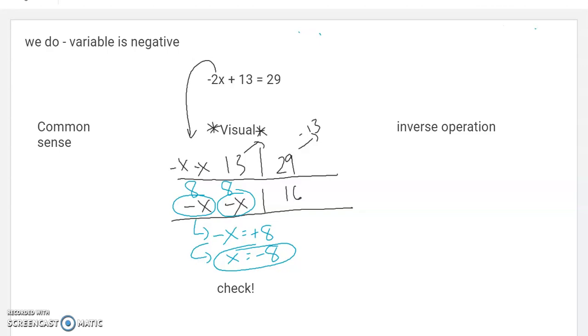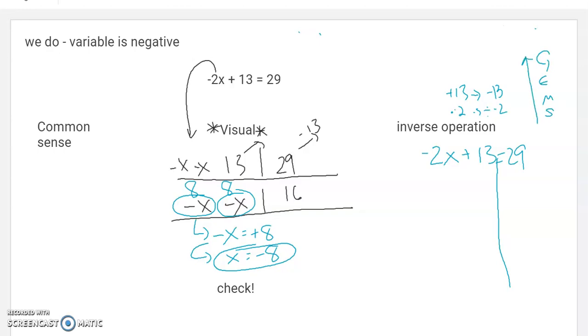Inverse operation strategy, no big deal. There's nothing particularly new in it today when this coefficient here is negative. Everything still follows suit the way you're used to. So as I set this up, the inverse of adding 13 will be subtracting 13, and the inverse of multiplying by negative 2 will be dividing by negative 2. And I'm going to do those in reverse GEMS order. First I'm going to subtract 13, subtract 13.